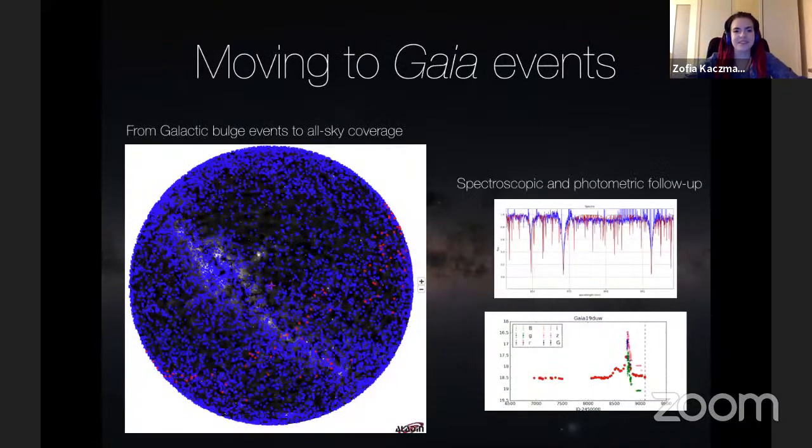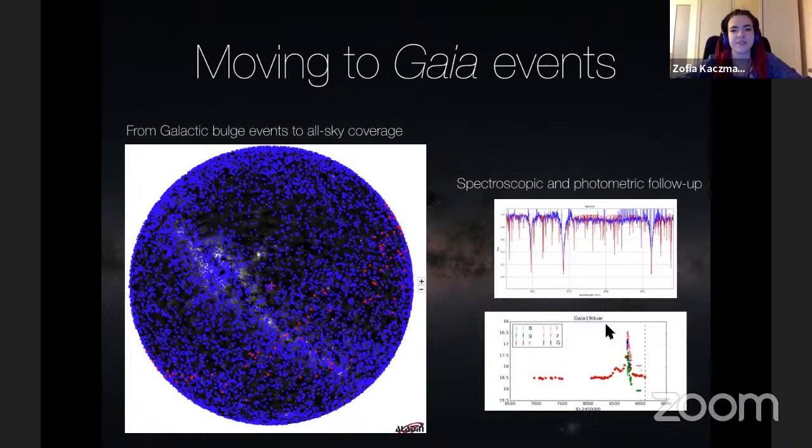Why do we want to use Gaia data? Well, the answer is here on this map on the left that covers all Gaia alerts. With red, the events from the last 20 days are marked. So Gaia is scanning the entire sky in real time, and we really want this all sky coverage not to be limited to just one very well-known region.